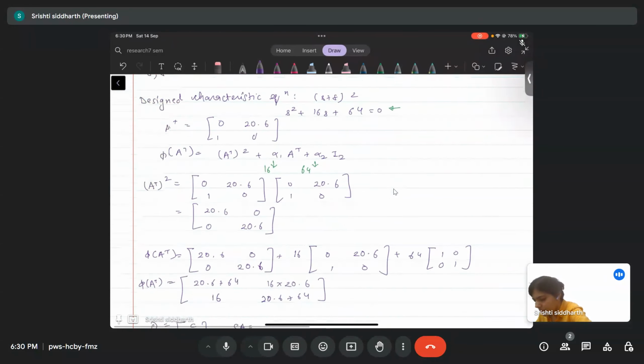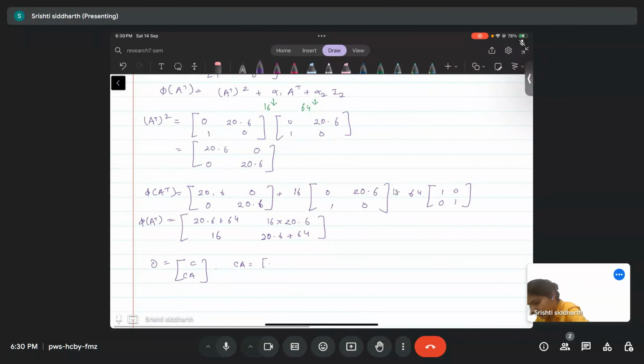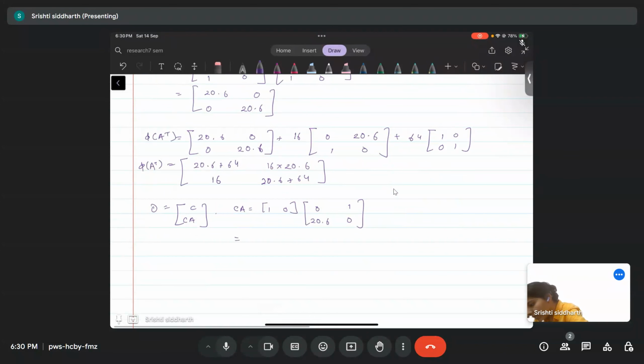C is 1 0, 0 1, 20.6 and 0, and this is 0 and this is 1. So we have 1 0 0 1, which is identity again.